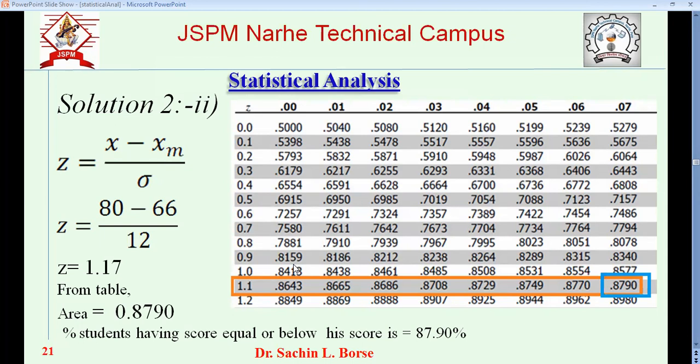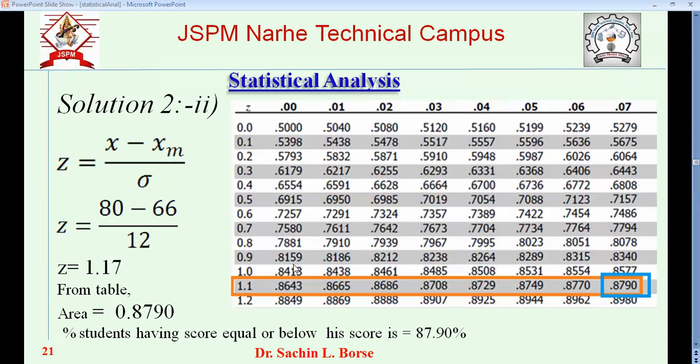So we need to compare with the number of students in that particular group. His performance is good in the second exam compared to the first test. This way we have to identify.